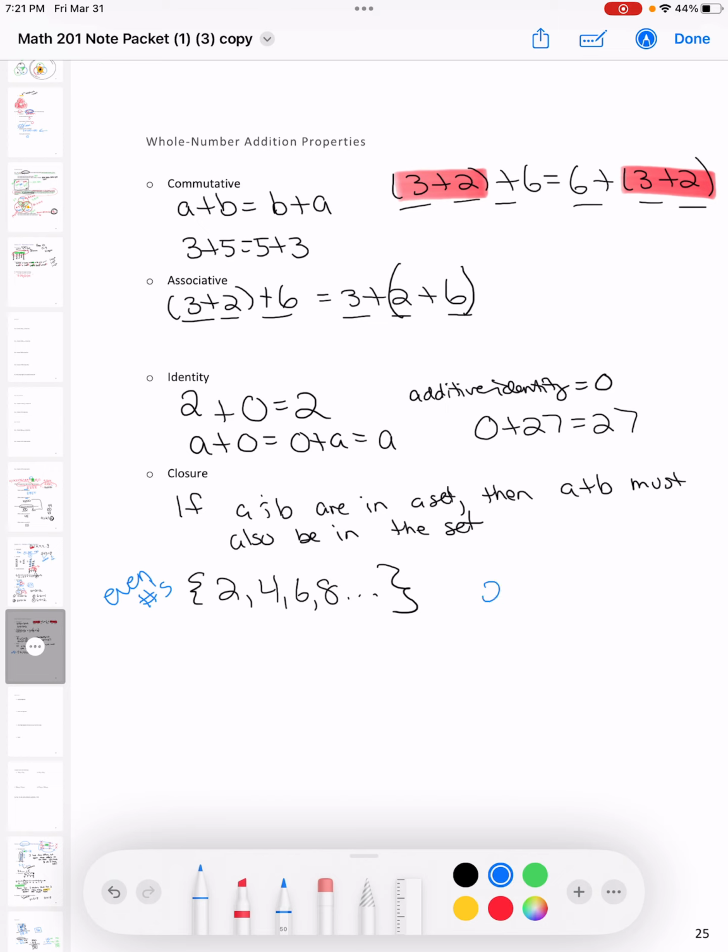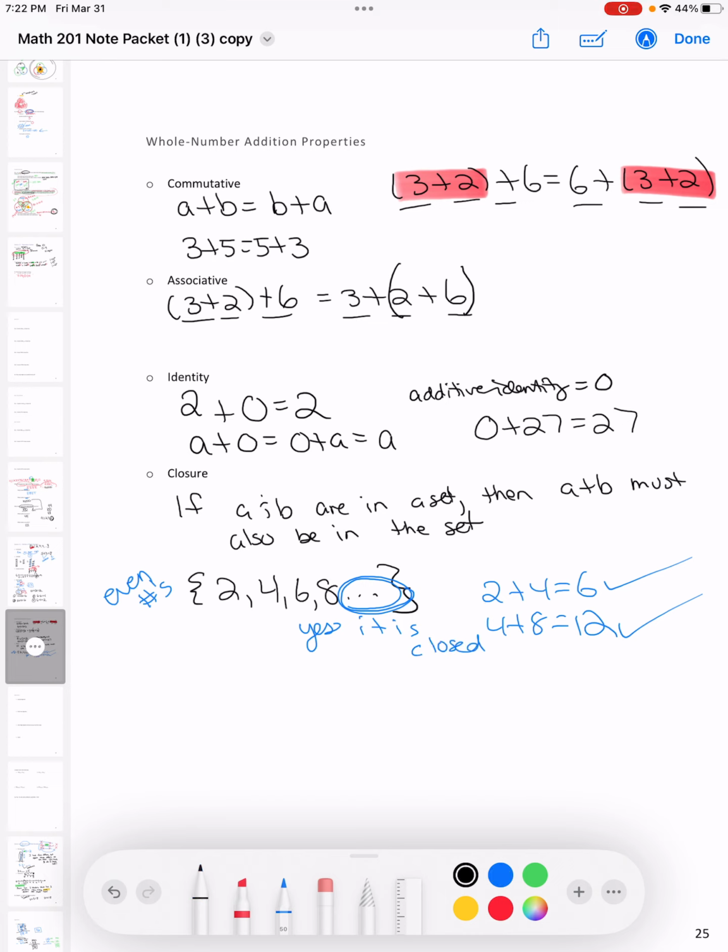So if I were to take 2 plus 4, 6 is in the set. I also could take maybe 4 plus 8. That's 12. I don't see it, but I see this ellipsis, so I know 12 is also in the set. So if you add any two even numbers together, their sum is in the set. So we say this is closed. Yes, it is closed.